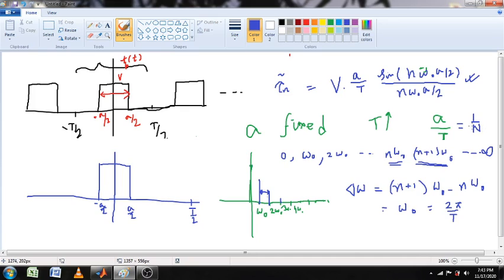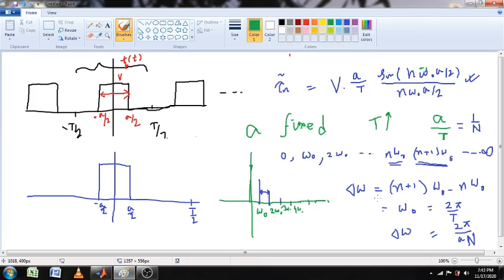We are increasing n indefinitely, right? So if I put this a by T equal to 1 by n, then what will I have? That this delta omega, or the distance between the two spectral lines, turns out to be 2 pi divided by, in place of T I can write a into n, right? Because a was fixed and n was something that we were varying.